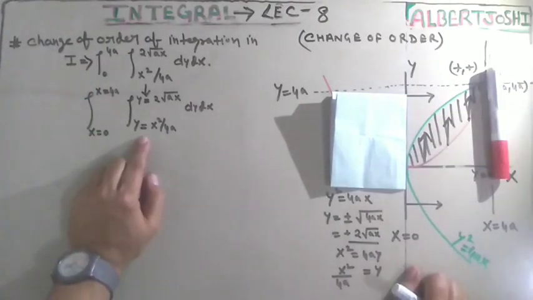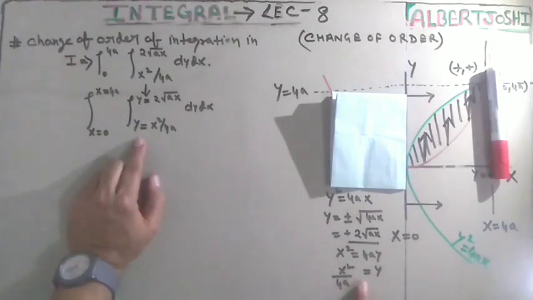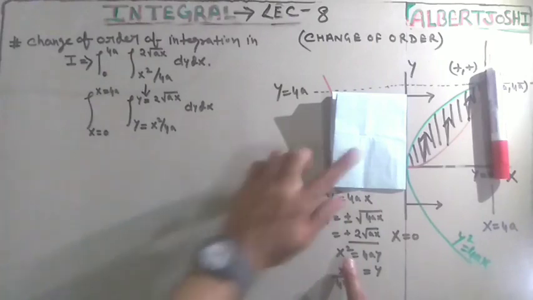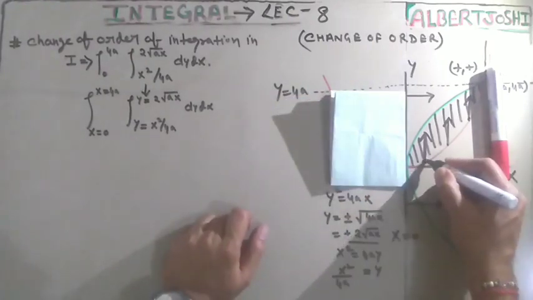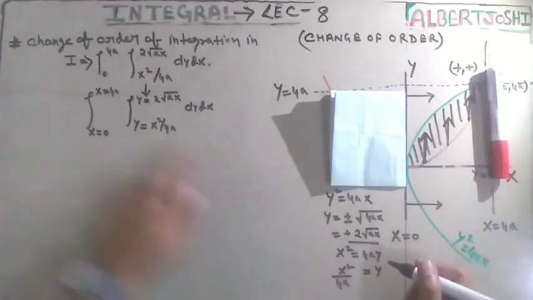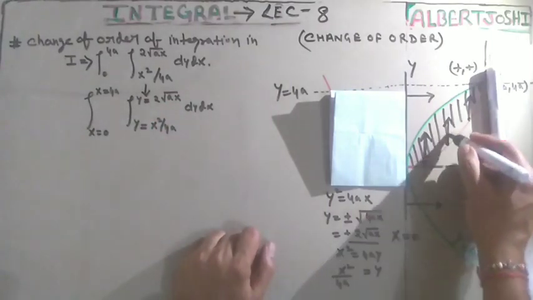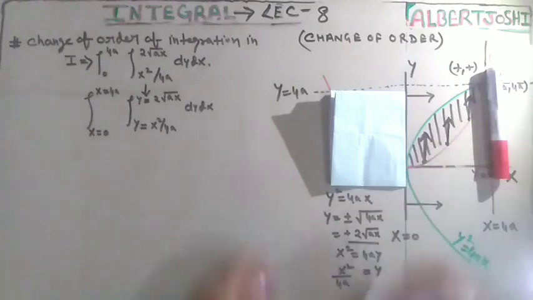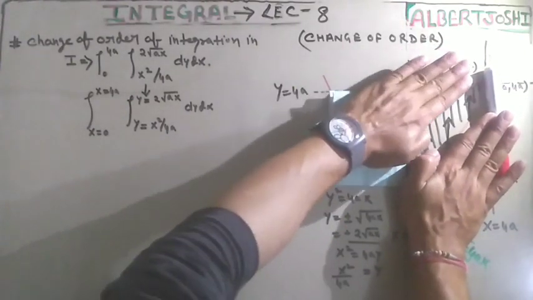After that, you are using y is equal to something. What is y is equal to? Y is equal to this, and this is this. So after that, you are counting the total number of points from here to this one, because the second curve is this, from this curve to this curve.